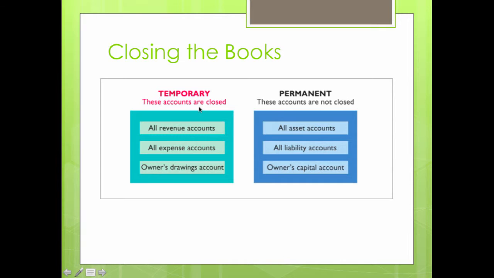You may ask, why is that? Well, you're going to see that you could close these temporary accounts, but you never close permanent accounts. So here's why. Let's say you close the books at the end of the year, which is usually what, as accountants, you will need to do.